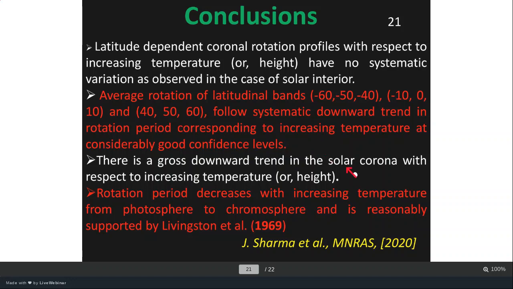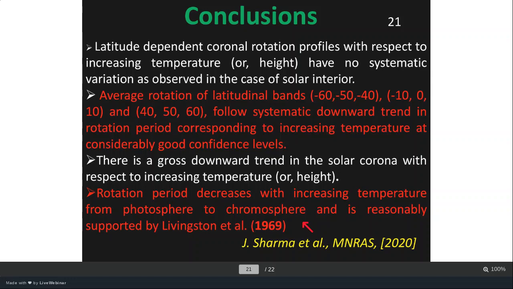As far as the overall rotation period is concerned, there is a gross downward trend in the rotation period in the solar corona with respect to increasing temperature or height, and these results are similar to those of Livingston et al., who concluded that rotation period decreases with increasing temperature from photosphere to chromosphere, which is reasonably supported.